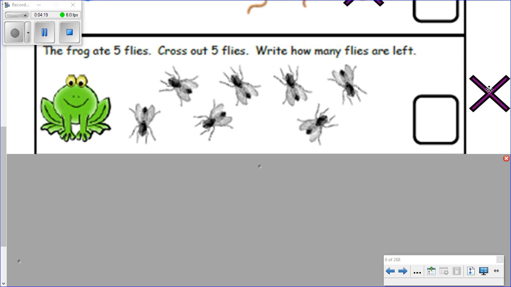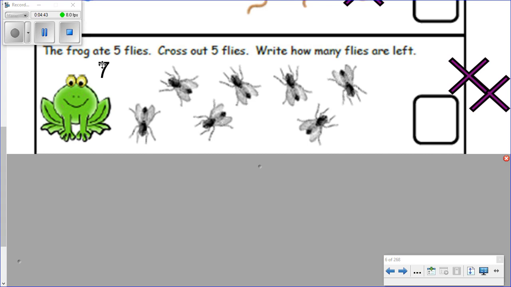Now, before I start crossing any out, I want to count all of them so I know my starting number. Let's count the flies. 1, 2, 3, 4, 5, 6, 7. We are starting with 7 flies.